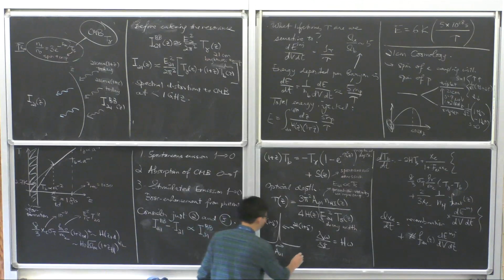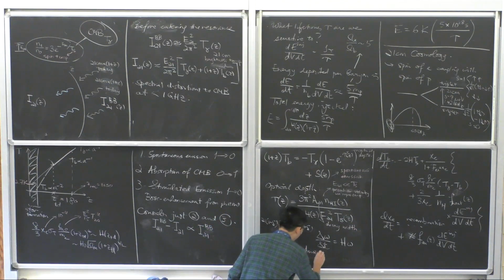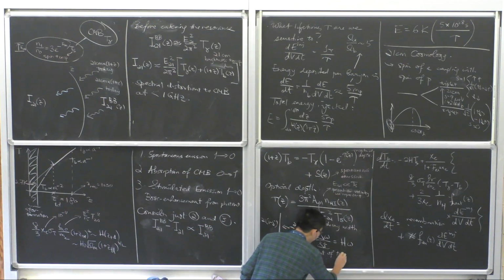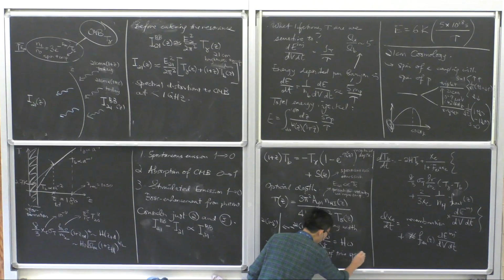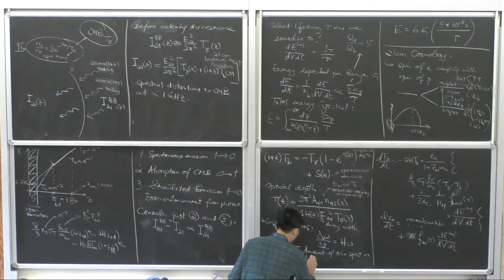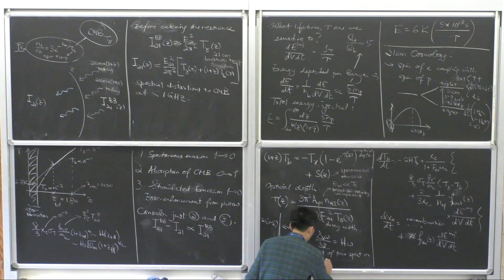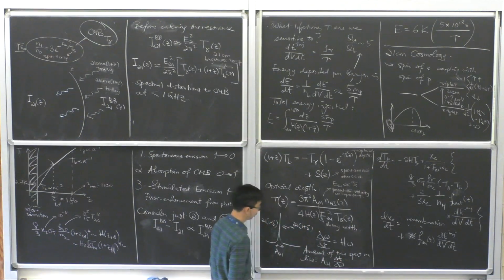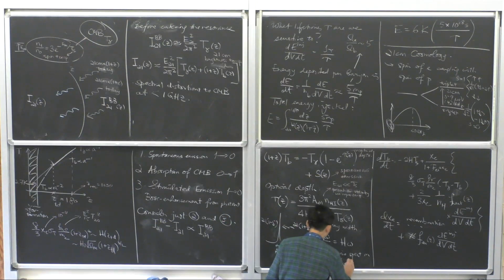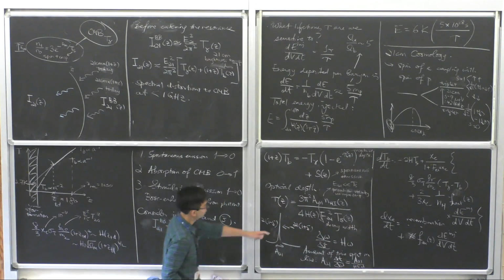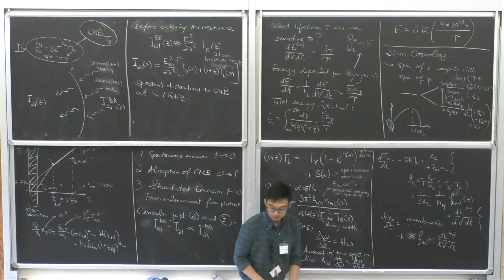And so the amount of time spent in the line is just given by something like A21 times delta t over delta omega, which is A21 over H E21. And that explains this A21 over H E21.